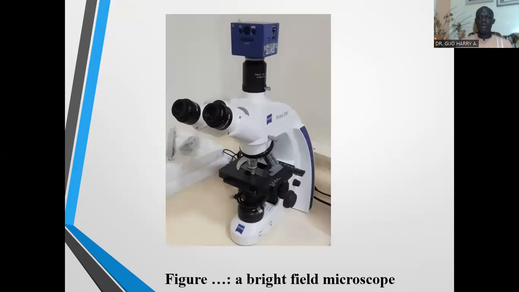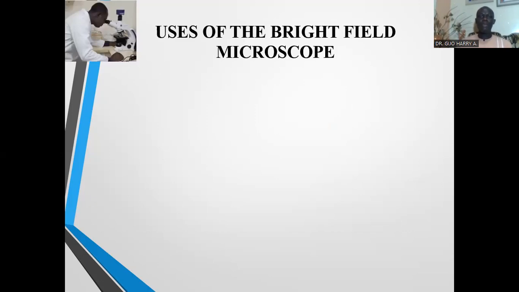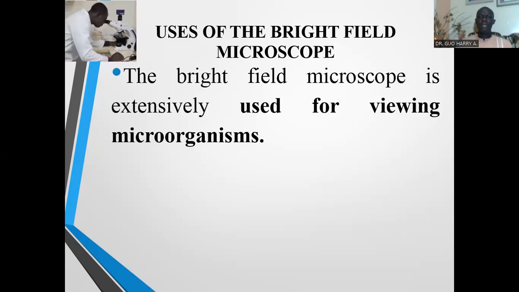Now, this is a bright field microscope commonly used in most laboratories, but this one is more sophisticated, having digital part. I want to look at the uses of the bright field microscope. The bright field microscope is extensively used for viewing microorganisms.